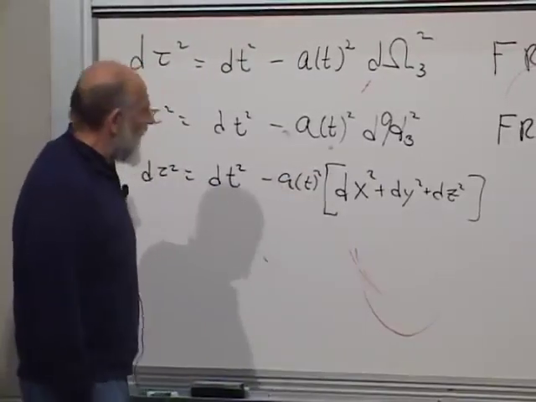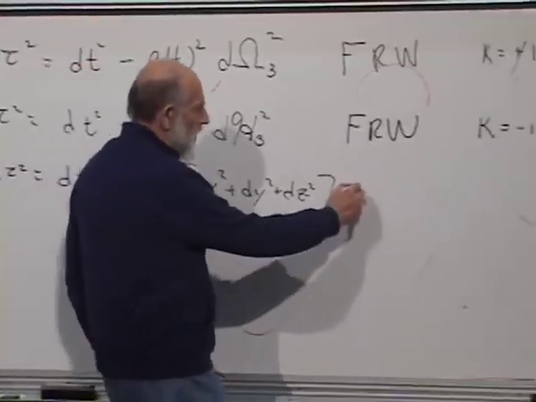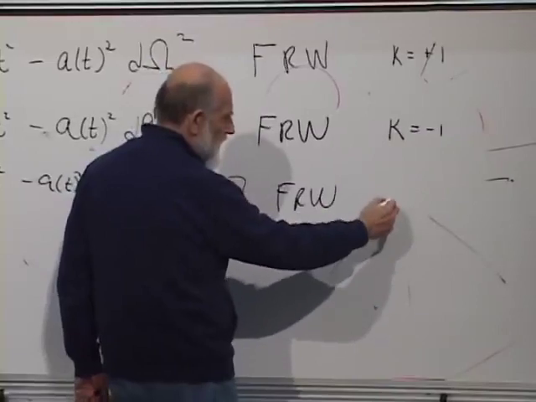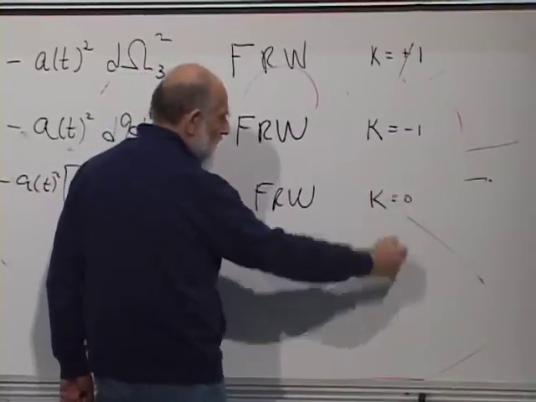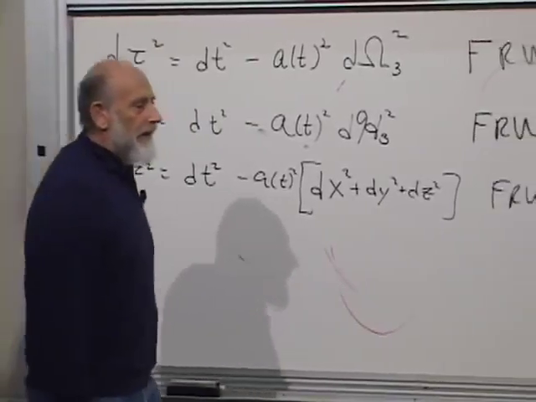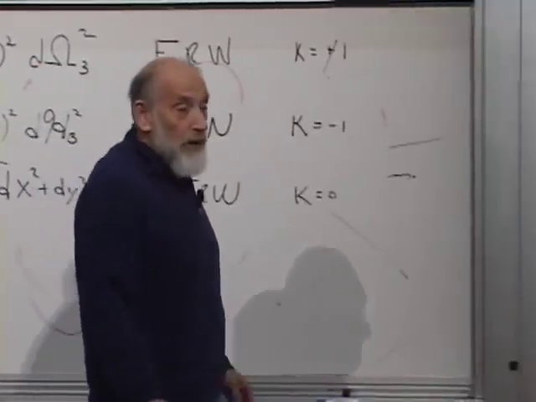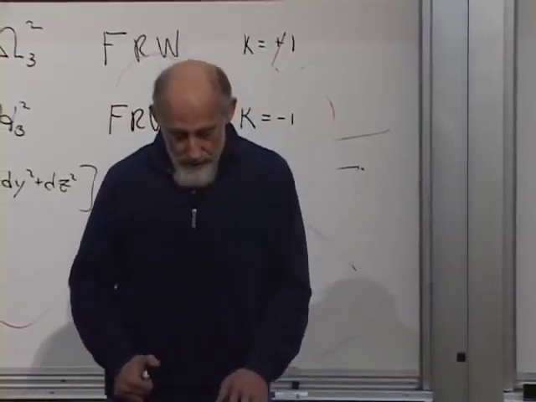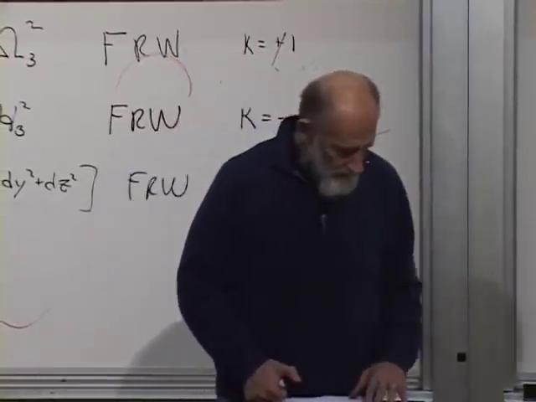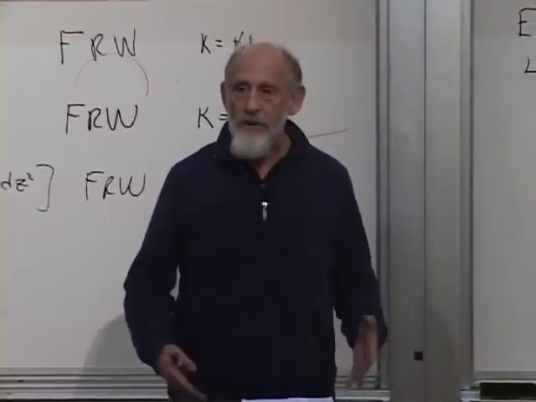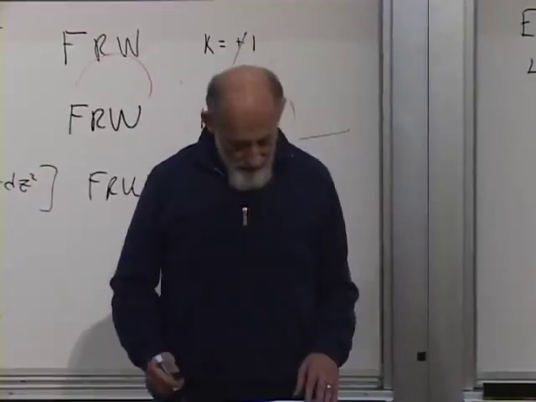This would be the metric of FRW. And what would you put here? K equals 0. Okay, these are the three. Of course, these are not the only possible cosmologies you could think about. These are the three homogeneous cosmologies, and they are sort of the classic three cases.